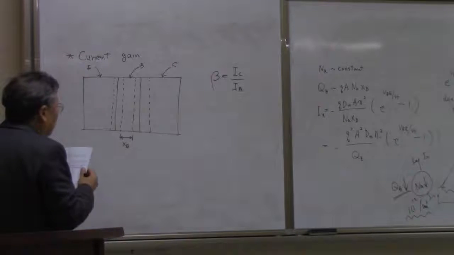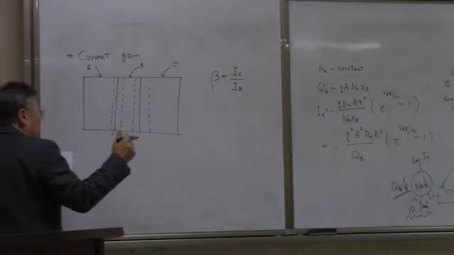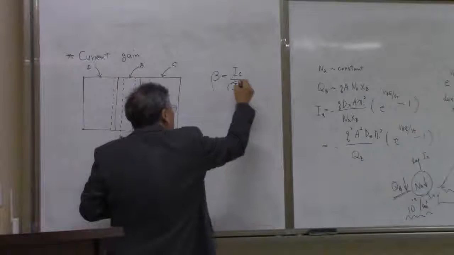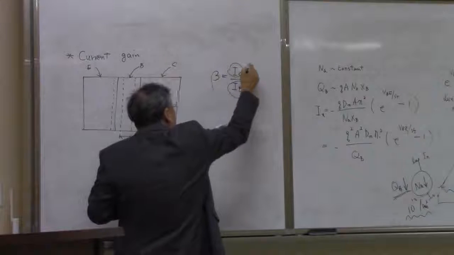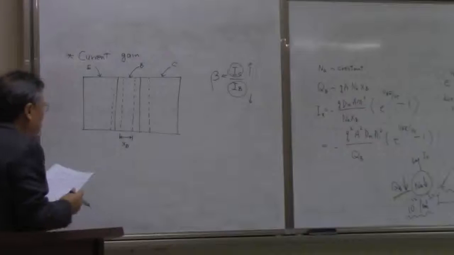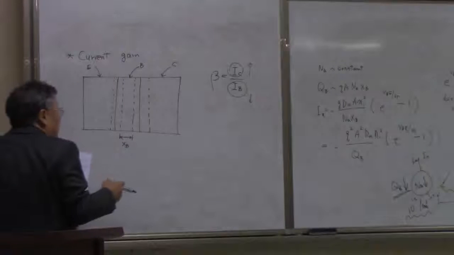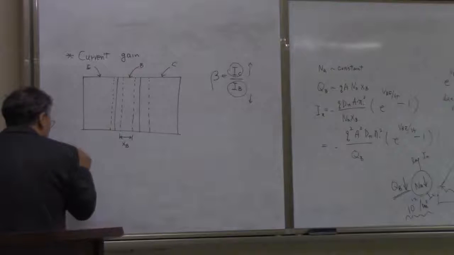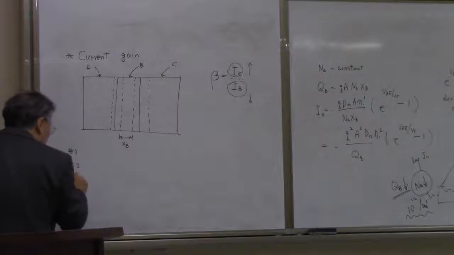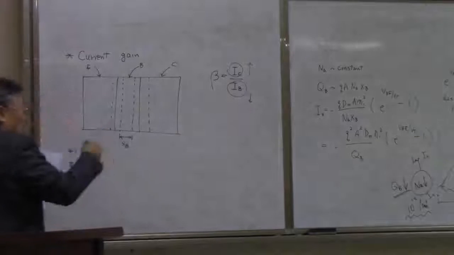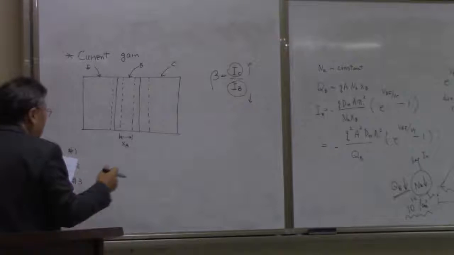Okay, that is going to be called the gain. So we want to make the base current as small as possible. We want to make this thing as big as possible to get high gain on the transistors. All right, but we have three factors which will influence the beta gain.